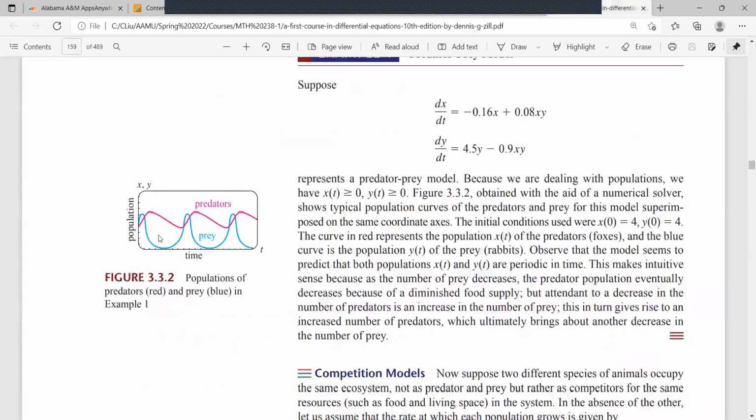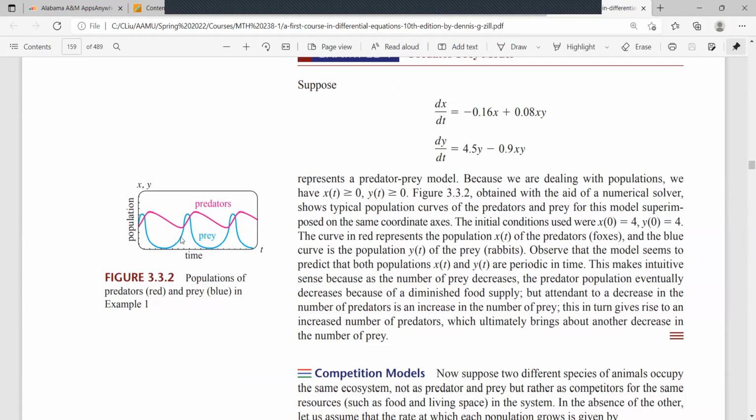Okay, right? So they are both periodic, but they are not on the same pace, and there's a time delay between the changes of the populations. Okay, so the population of the rabbits, the blue curve, decreases first, and then after some time, the population of foxes, the red curve, decreases, and that gives the chance for the growth of the population of the rabbits.